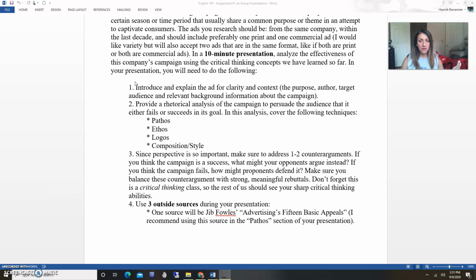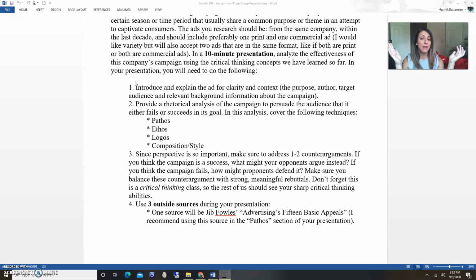By the way, how you choose to organize your presentation is completely up to you. I would say it makes sense to me for each person in the group to be responsible for one part of the presentation. So for example, one person might do the introduction of the ad campaign, and then another person might focus on pathos, and another person might focus on ethos.